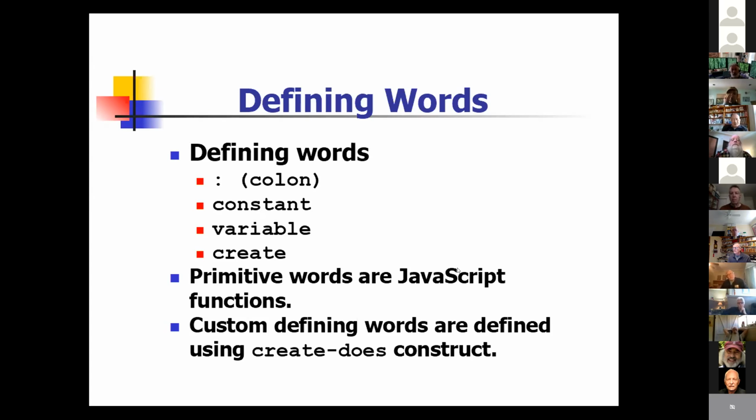All primitives in jeforth are written in JavaScript, and all the words which you load later are colon words. And here I found a very nice way to create new defining words with the create does construct.